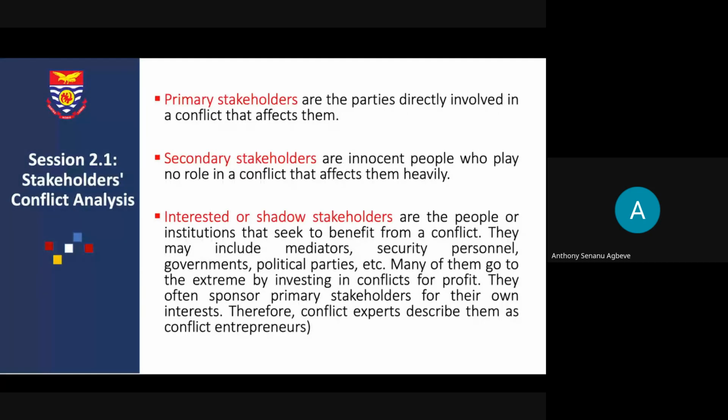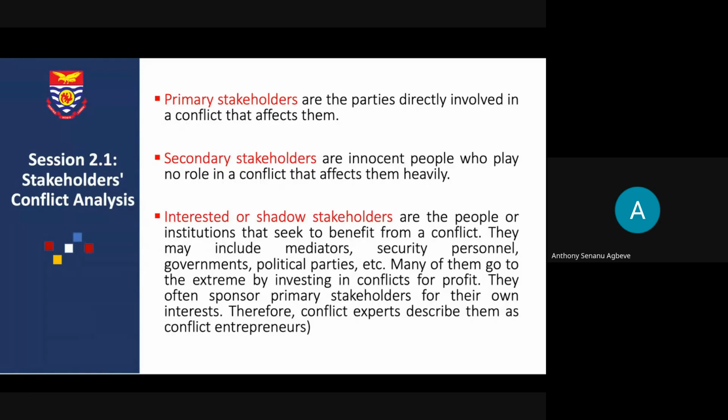They often sponsor primary stakeholders for their own interests. Therefore, conflict experts describe them as conflict entrepreneurs. Right? So these are people who are behind the scenes, sponsoring individuals who are the primary stakeholders.